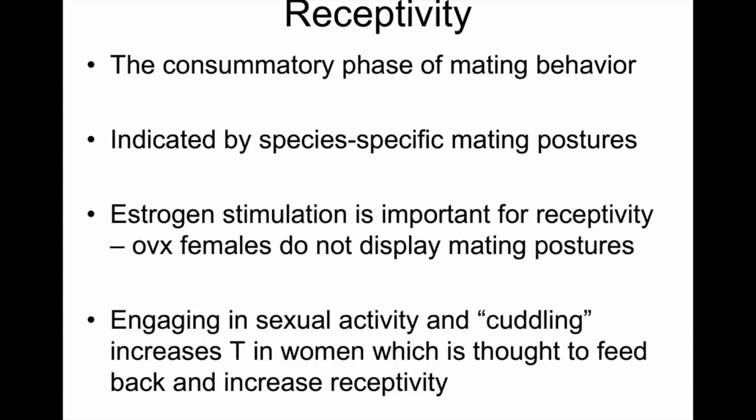You also see engaging in sexual activity and cuddling, increasing testosterone in women, which is thought to feed back and increase receptivity further. And estrogen stimulation, of course, is very important for receptivity. Ovariectomized females do not display mating postures. You must have the ovaries in place.